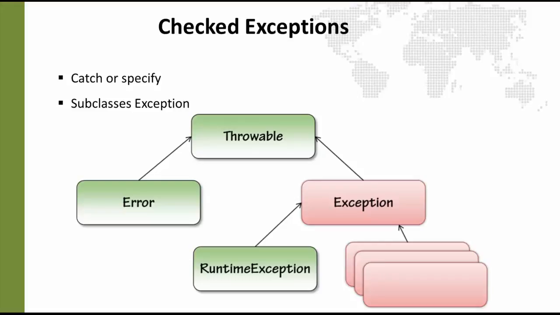It's an error condition where your code should be able to do something useful. A good example of that would be if you try to open up a file but that file doesn't exist. You could detect that condition and reasonably give the user an error message saying that the file didn't exist.